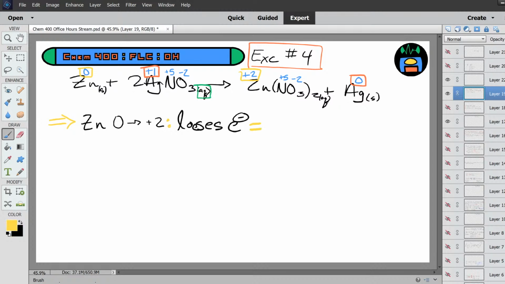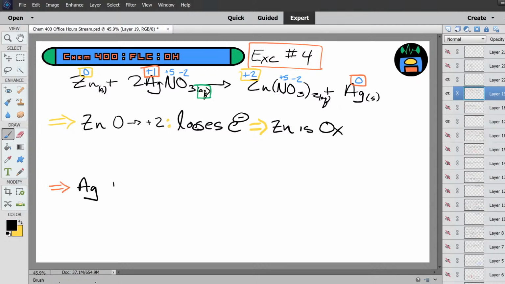And let's see, it's LEO says GER: lose electrons, oxidation. That's LEO. Gain electrons, reduction. That's GER. So zinc is oxidized. Zinc is the substance that is oxidized. Now let's take a look at silver.